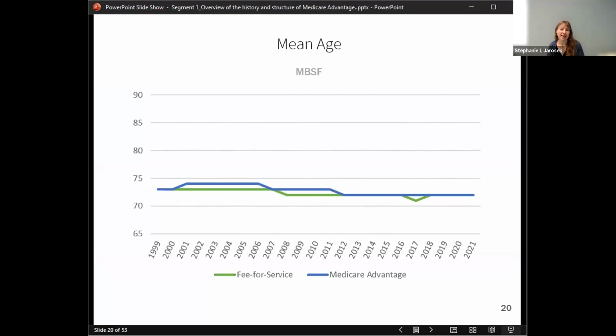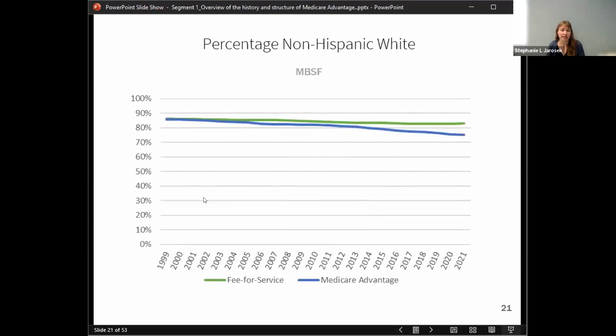If we look at the mean age, we do see slight differences in fee-for-service and Medicare Advantage over time, even over all of the enrollment increases. We can see a change here in that 2006 area where plans were really revving up with their Part D. But by and large, we have very similar ages. We do have differences in the percentage non-Hispanic white over time.